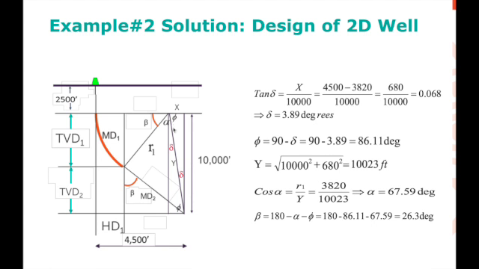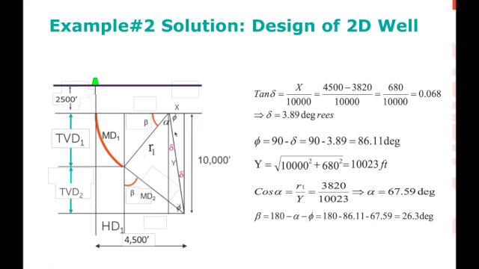So let's find the value for this hypotenuse right here, this y. So y, you just use Pythagorean theorem on this one. So y would be equal to the square root of 10,000 squared plus 680 squared, right? And that will give us approximately 10,023 feet.